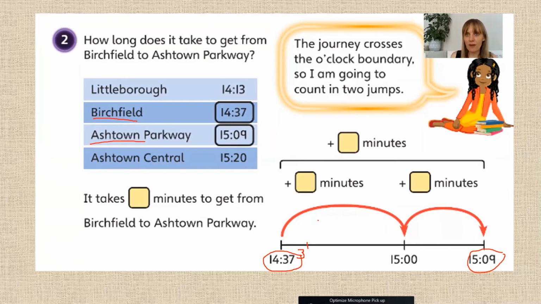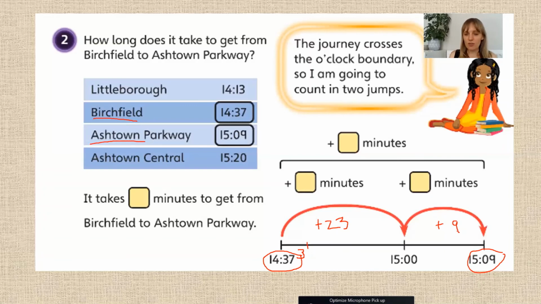So together, I've actually added 23 minutes to get from 14:37 to 1500 hours. And then from 1500 hours, I've added 9 minutes to get to 15:09. Remembering that 1500 hours is the same as 3 o'clock. If you want to do it in the numbers that we know on our clocks, if you take away 12, it will tell you the number that it is. So 1500, take away 12, is 3 o'clock.